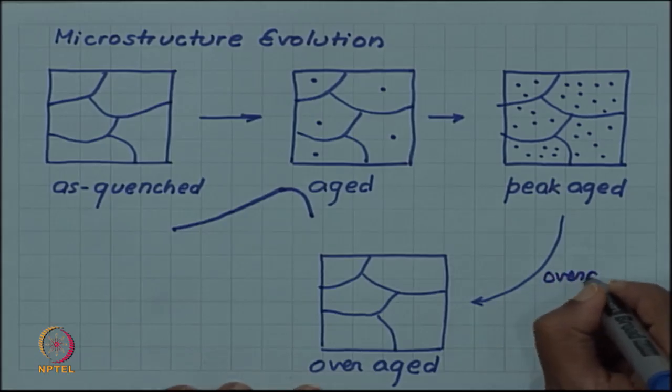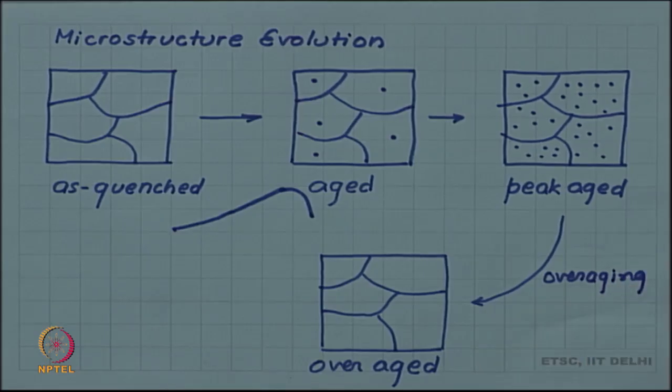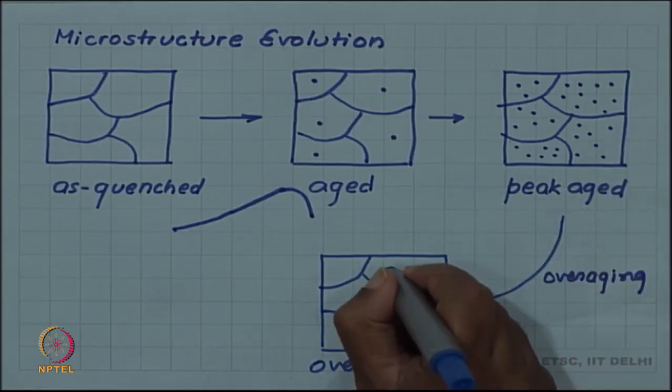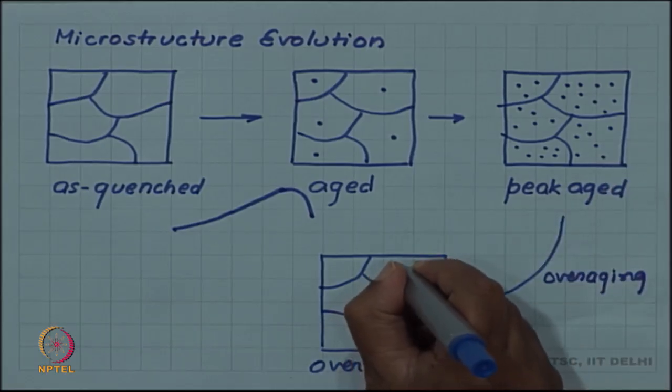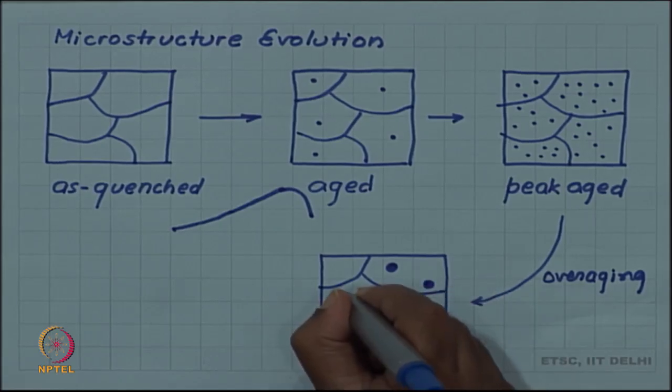During overaging, what really happens is that these fine precipitate distributions start transforming into a coarser precipitate distribution.